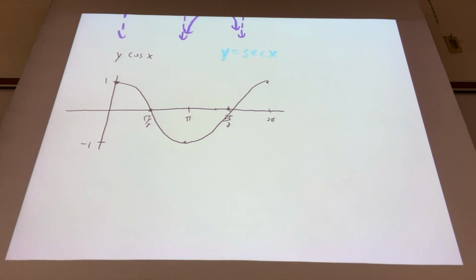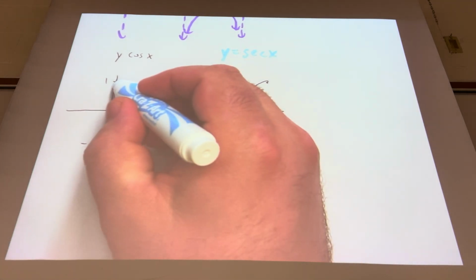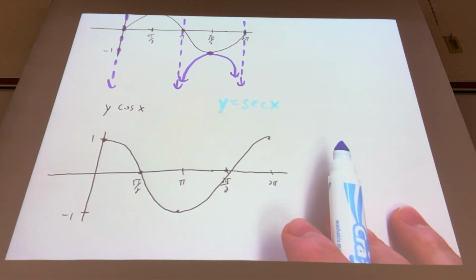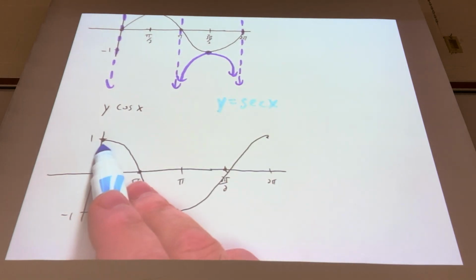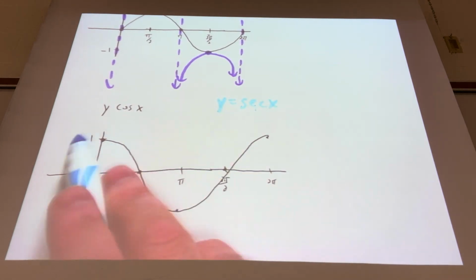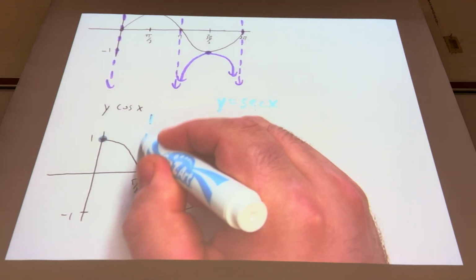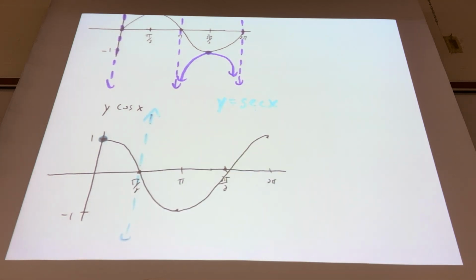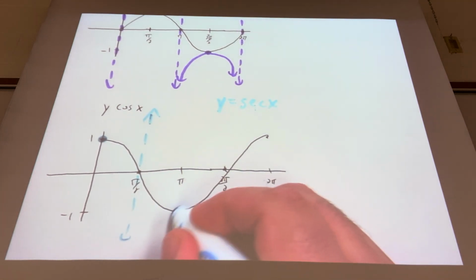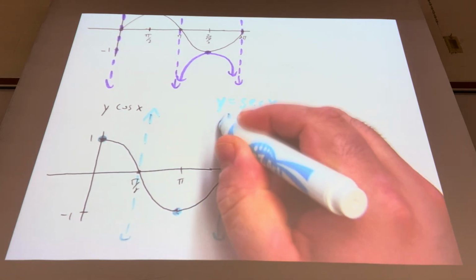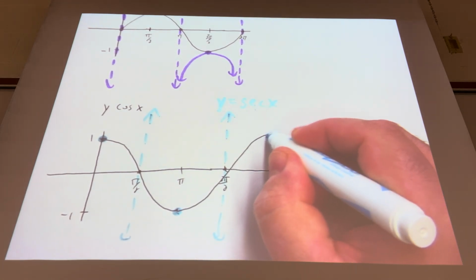So y equals secant x. Just like cosecant was up here, cosine and secant are the reciprocal functions, and they're going to mirror kind of the same way. When you have your amplitude, you're there. Zeros are undefined. We have our negative, vertical asymptote, and then there.